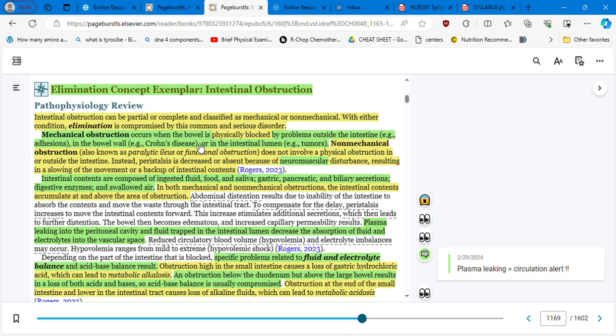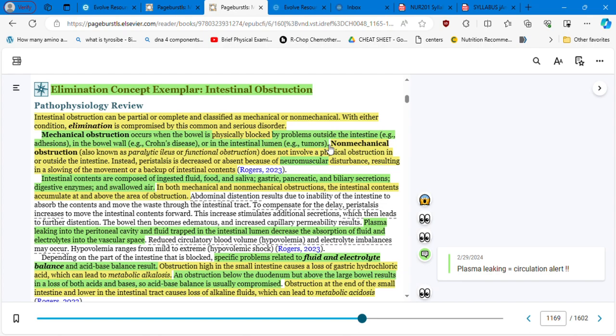In Crohn's disease, you have mechanical damage of the colon, you can see physically, or in the intestinal lumen, tumors. So again, it's going to be physically blocked by problems outside of the intestine. It could be adhesions, that's outside. Inside, it could be Crohn's disease or tumors. Okay, so those are physical.